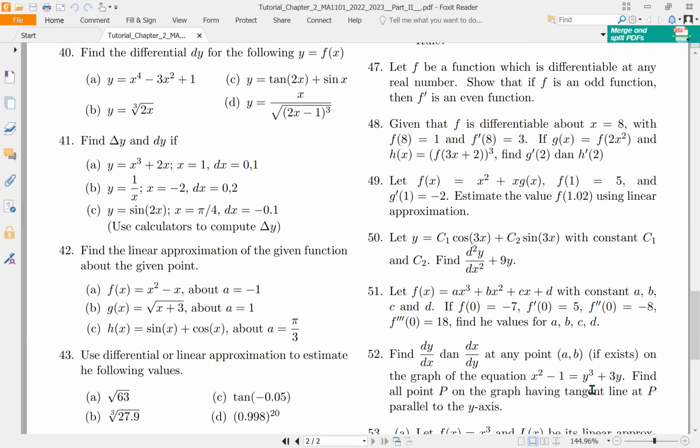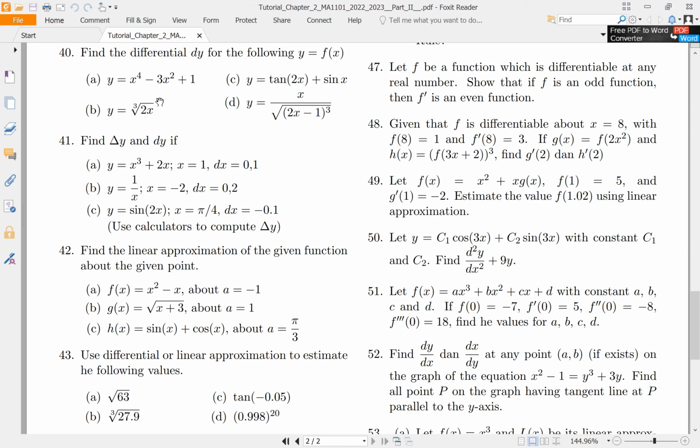We are given a quadratic function, f of x equals x squared minus x, and the question is to find the linear approximation of this function at the point a equals -1, so x equals -1. The linear approximation here just looks like the equation of the tangent line at the given point.